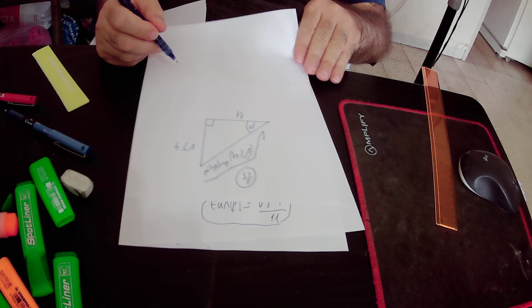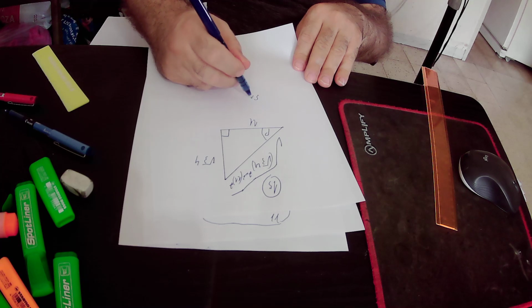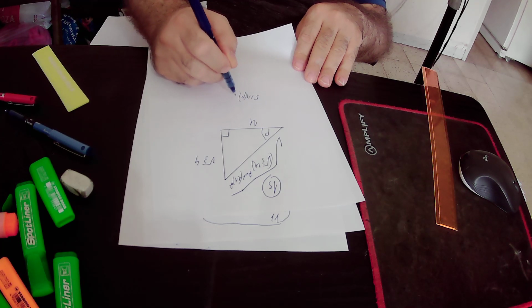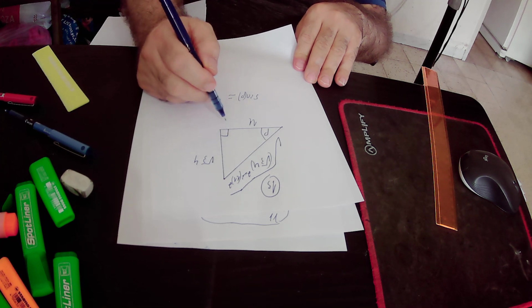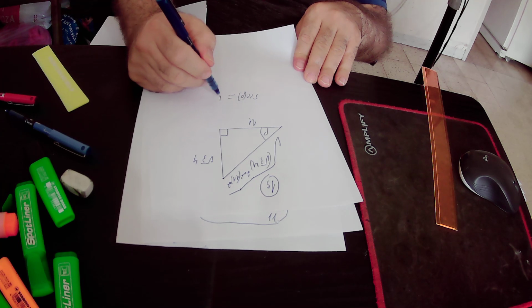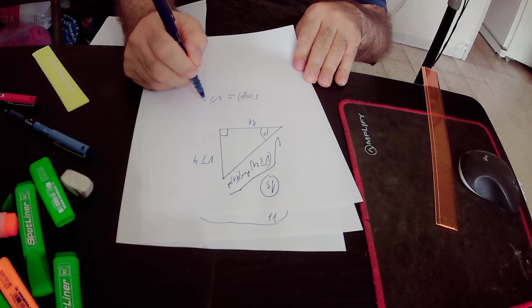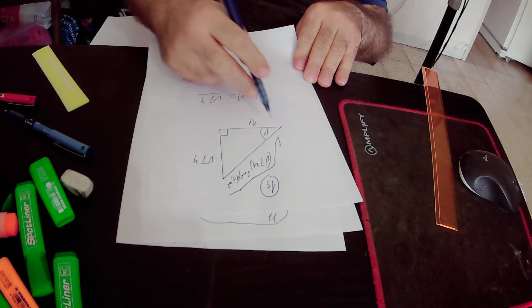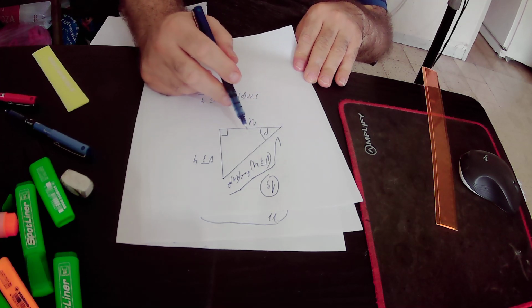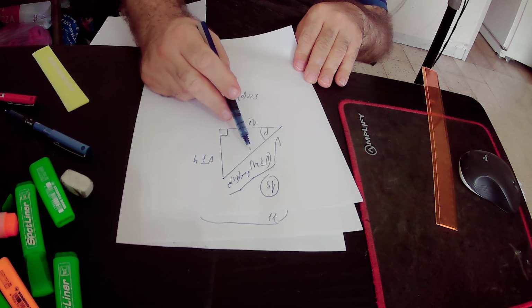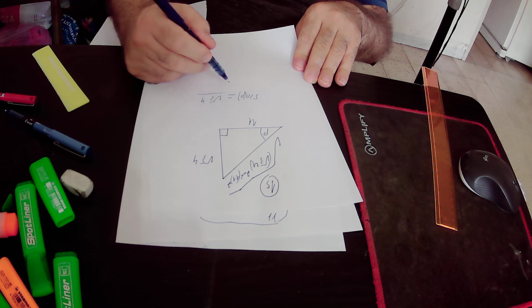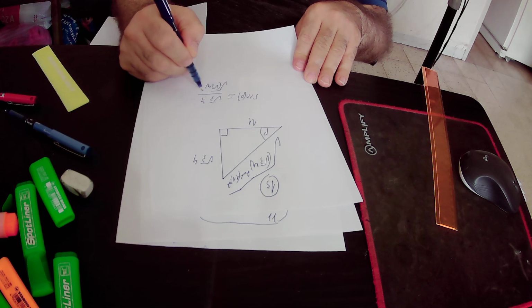So actually sine P equals the side that is in front of angle P, that is root 3 times 4, over the hypotenuse, that is root 3 times 4 squared plus 11 squared.